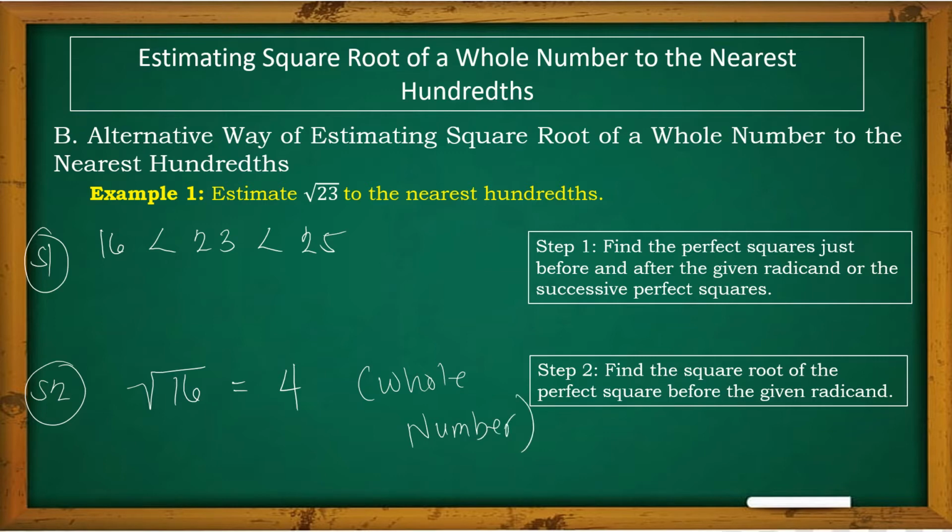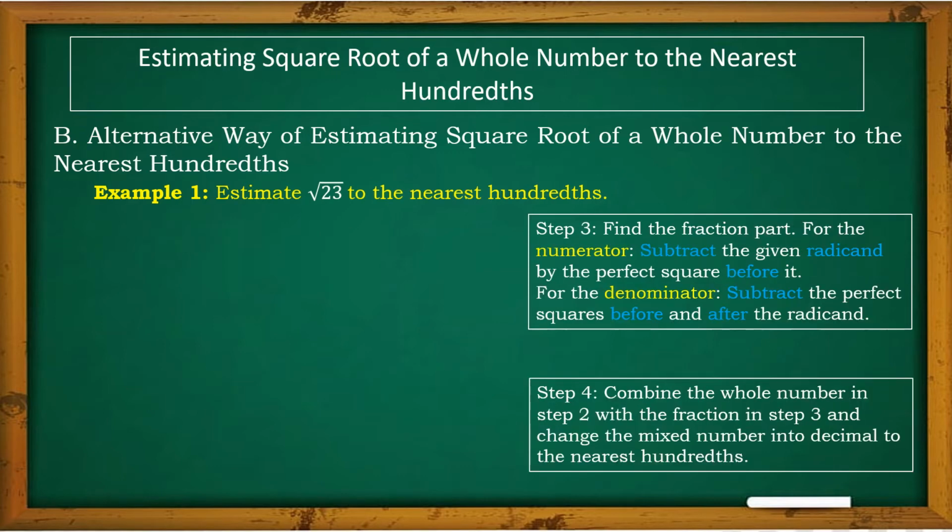Punta na tayo sa step 3. Para naman sa step 3, hanapin daw natin yung fraction part. Sabi dito, for the numerator, isa-subtract daw natin yung radicand doon sa perfect square before. Natandaan naman natin kung ano yung ating perfect square before, di ba? Ang perfect square natin before is 16. So, isubtract natin yun kay radicand.